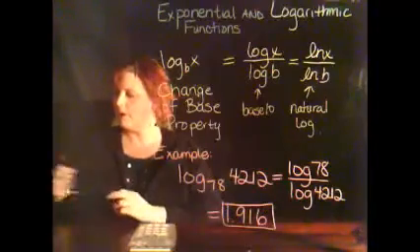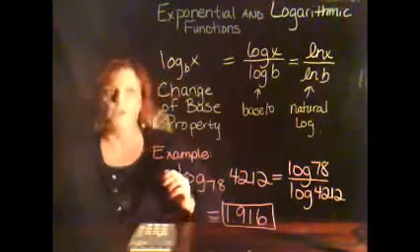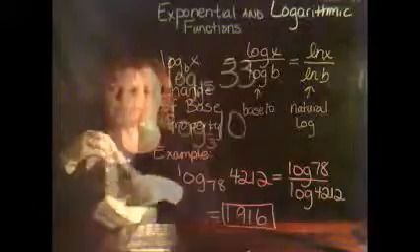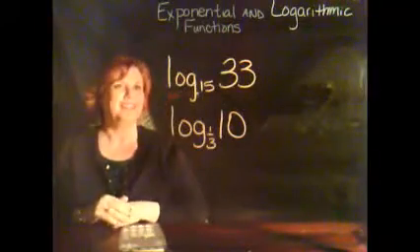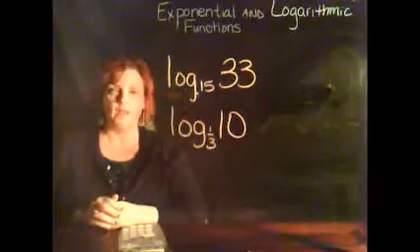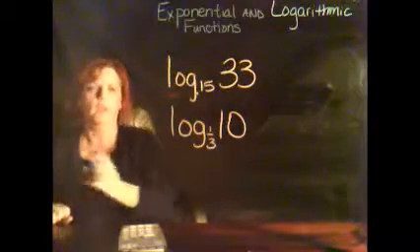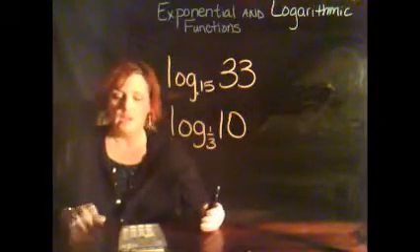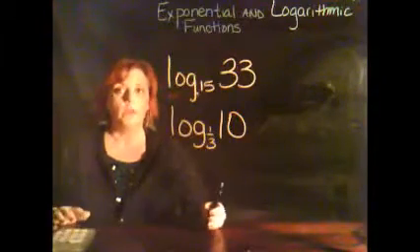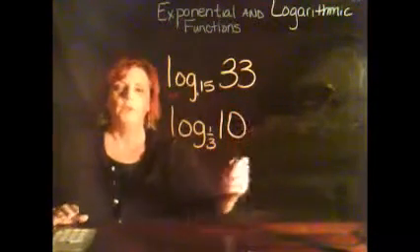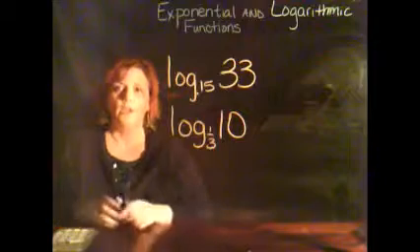I'm going to give you a couple to try, so just a moment and I will put those examples up. Okay, these are the examples that I'd like to have you try. I'd like you to do one of them with natural logs and one of them with the common log. Either one will work, so it doesn't make a difference which one you use.